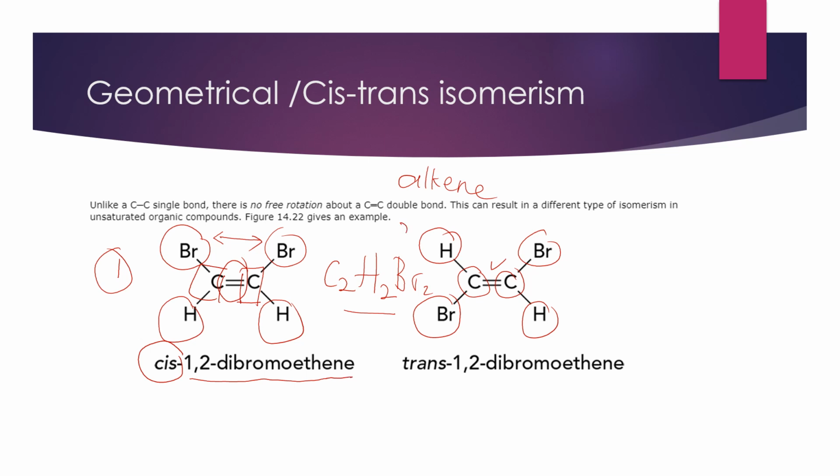In the second substance, or the second isomer, the position of the Br atoms is in the trans positions. So the name of the compound is trans-1,2-dibromoethene.